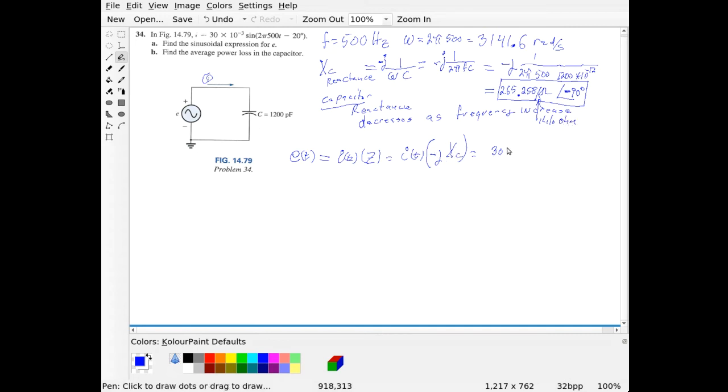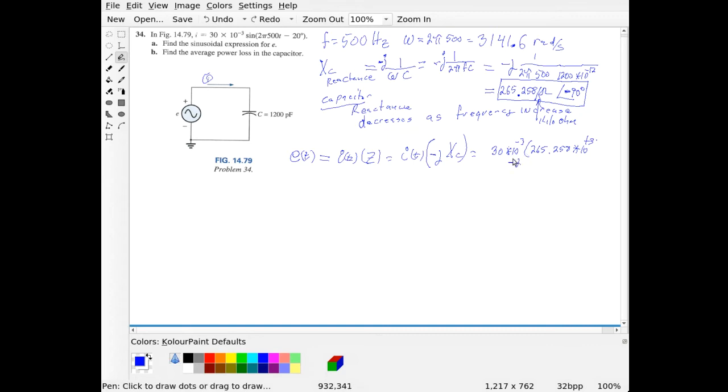And so it's 30 times 10 to the minus 3 times 265.258 times 10 to the plus 3. Okay. But there's the angle here. So this one is going to have an angle of minus 20 degrees.